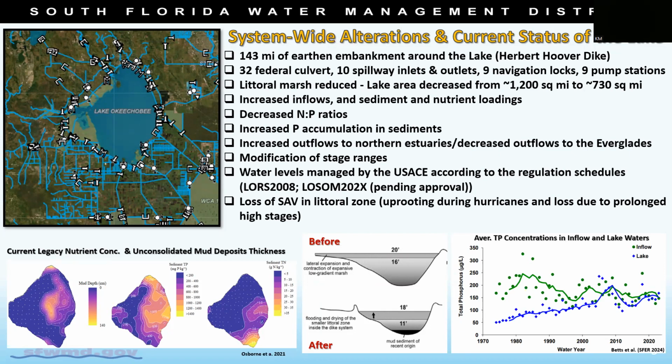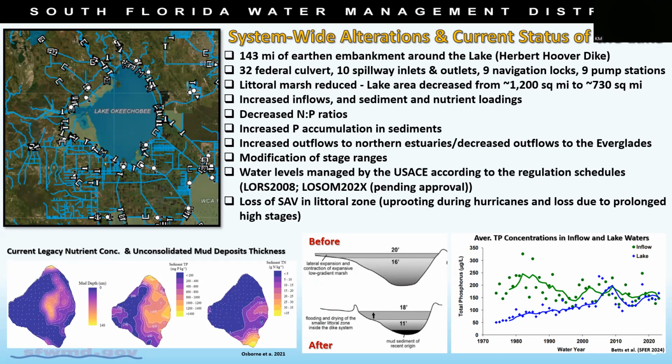So now we have a highly managed system, and the biggest outflow structures, one is here, called Port Mayaca or S308 structure. That structure releases water into the C44 canal that connects the lake with the St. Lucie Estuary.